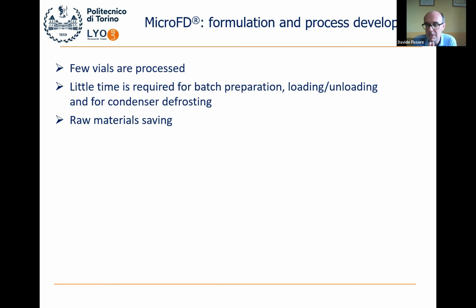But the most important issue, from my point of view, is that this way of carrying out experiments allows saving raw materials. This is a critical issue in case the cost of the raw material is high, the availability of raw material is not sufficient to load a pilot scale dryer or an industrial scale one, or even in case the formulation has not been fully developed.